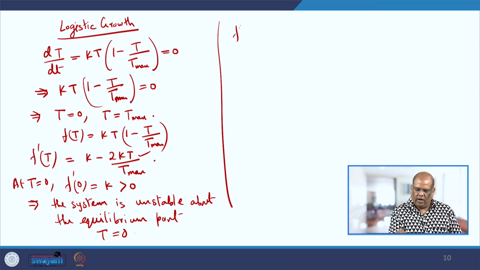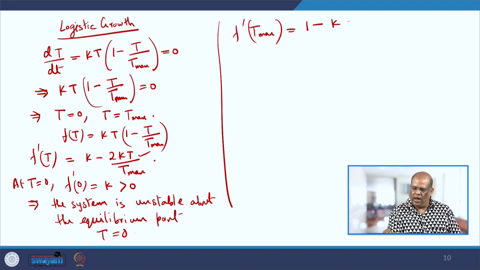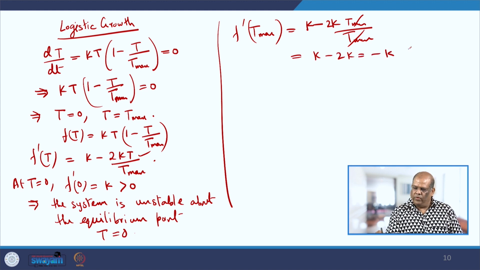And if you find f'(T max), this will be K - 2K T max divided by T max. So, this cancels and this is K - 2K, which is minus K, and which is less than 0 because K is positive.